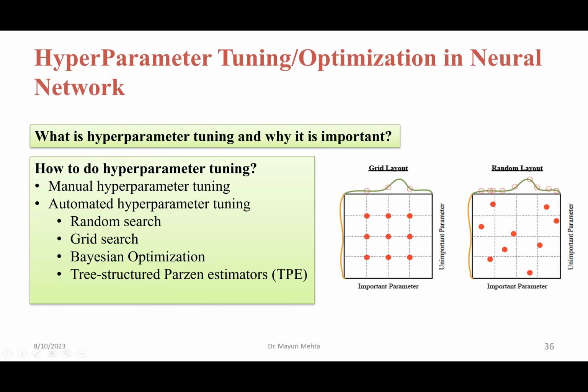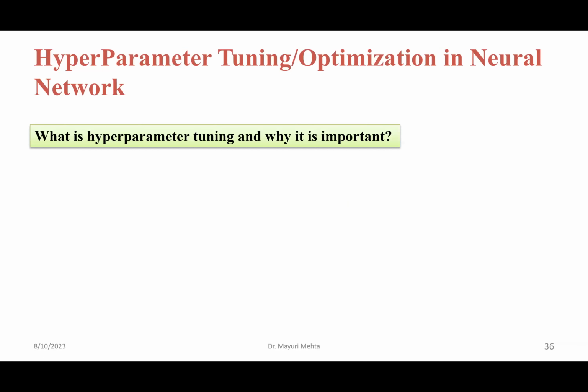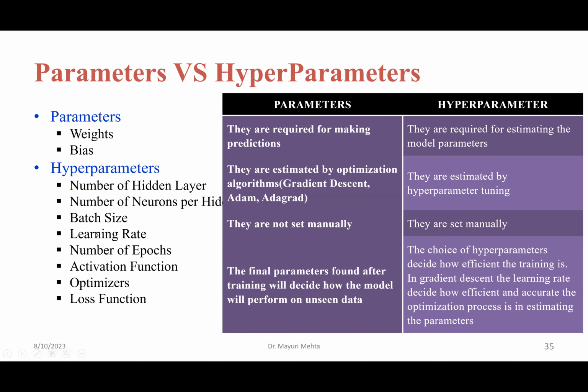For example, we just saw some of the hyperparameters. Let's talk about the learning rate. The learning rate of a model determines how fast the model learns. Here you can think of an analogy: we humans also learn, and every one of us has a different learning rate. Some of us learn fast, some learn slow, right?